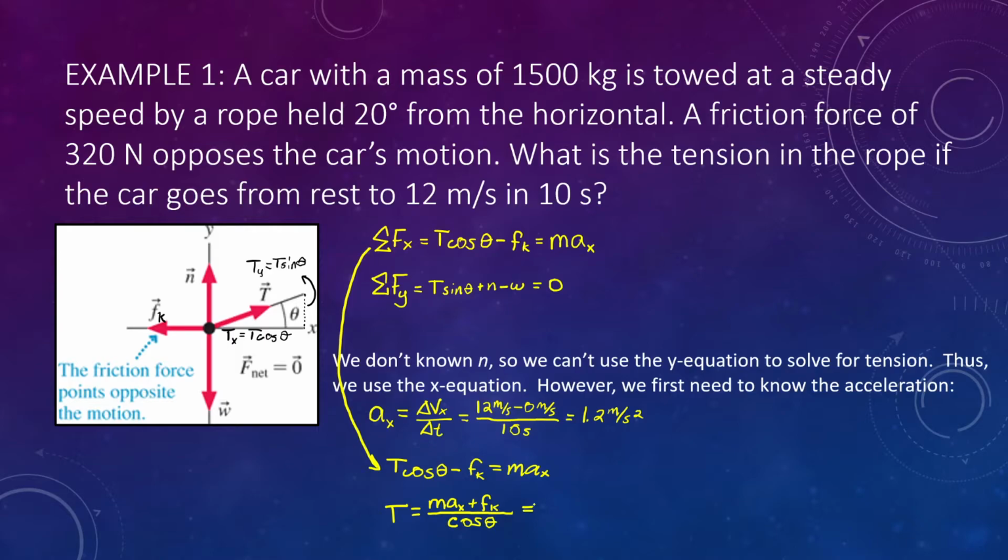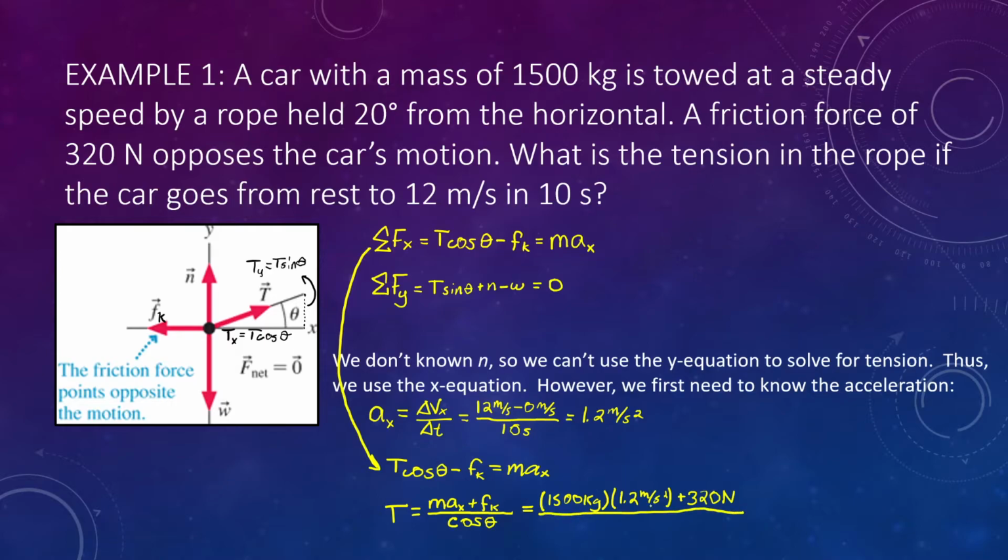At this point, we have what we need, so we can plug everything in and solve. This might take up a bit of space, but the mass is 1,500 kilograms. The acceleration we just solved for is 1.2 meters per second squared. Then we add the friction, which was given in the problem, as 320 newtons.